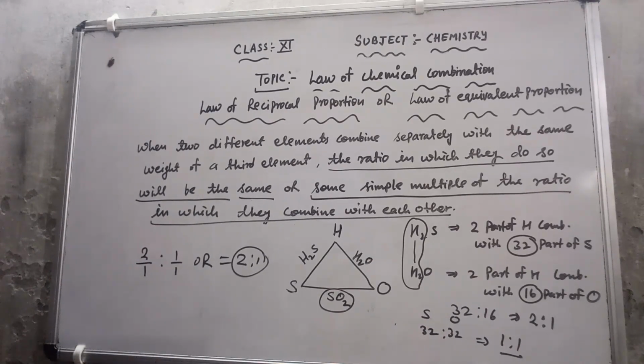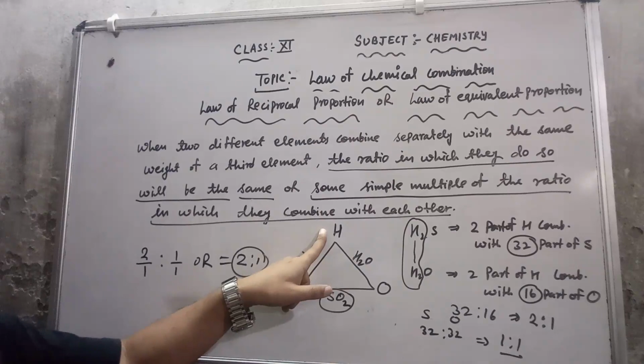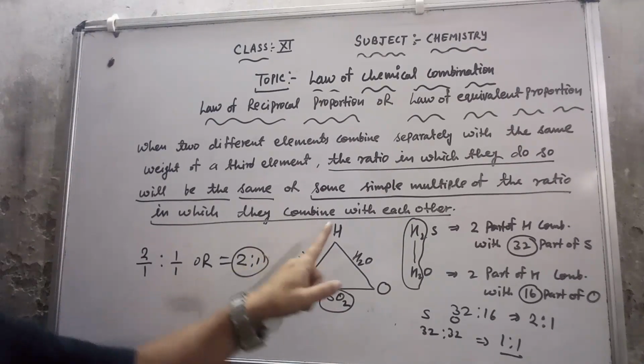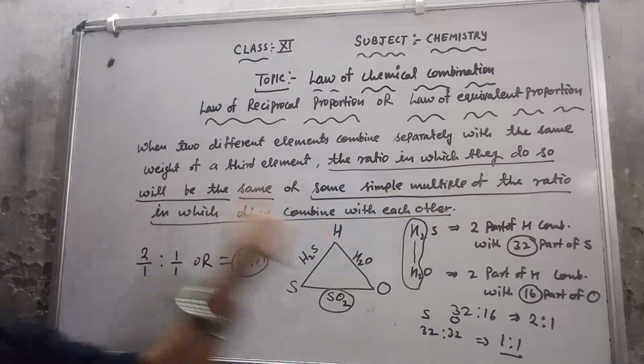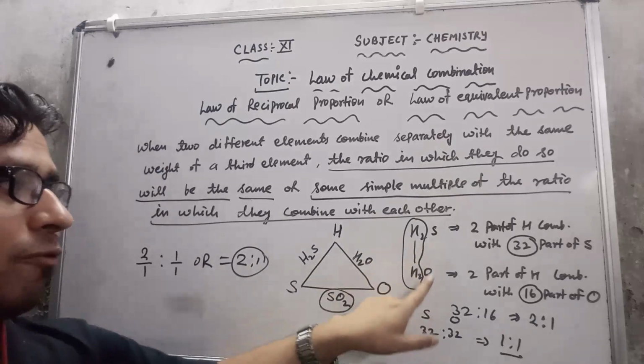Suppose in place of sulfur dioxide I am getting sulfur trioxide. I am discussing the other example. It is clear that when two different elements combine separately with the same weight of the third element, the ratio in which they do so is 2 ratio 1, because hydrogen is the same 2, but sulfur and oxygen are different.